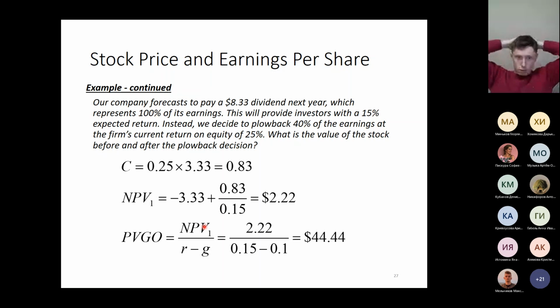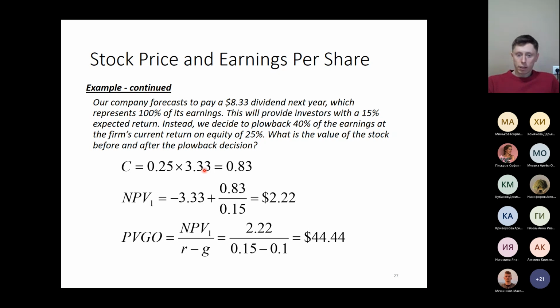Let's do this. In order to work with these cash flows that we usually work with, let's estimate how much money we would generate on this amount that we reinvested back to the business. So this 3.33 is the 40% of 8.33. This is something that we plowed back to the business.